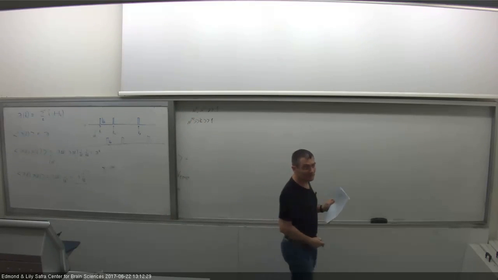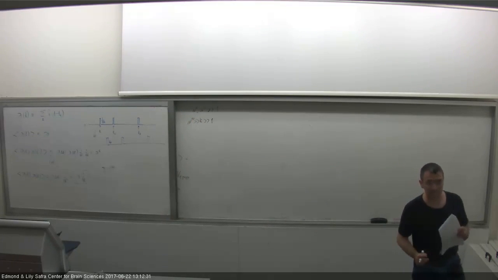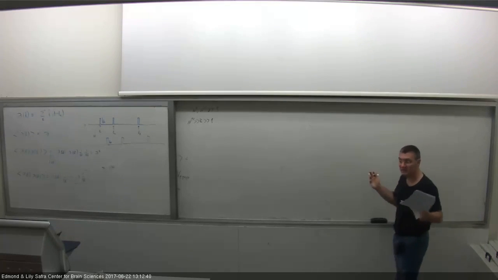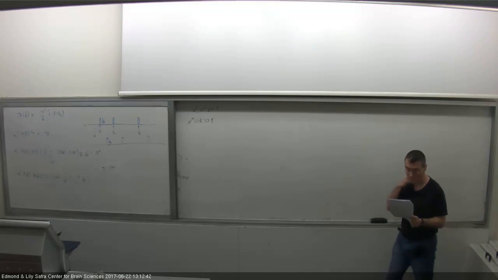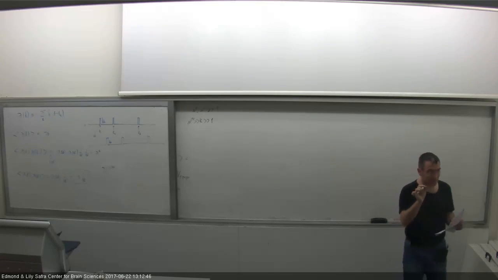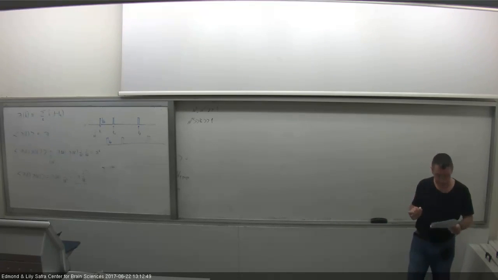Okay, so think about the cortex. Each cortical neuron receives input from, let's say, 10,000 presynaptic neurons, maybe 5,000. But in the network, maybe there could be, I don't know, 10 to the 8 neurons. So K is the number of presynaptic neurons per postsynaptic neuron.